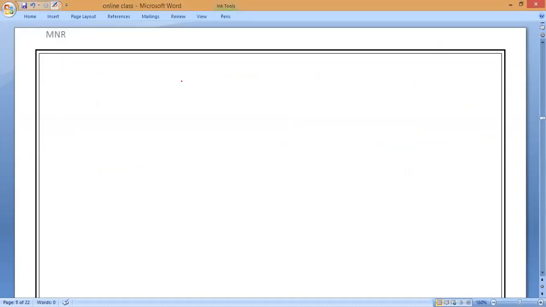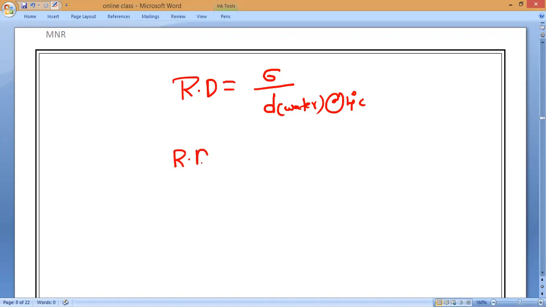Relative density means, as we know, the density of a given substance divided by the density of water at 4 degrees Celsius. Now remember, if the relative density is less than 1, the object will float or sink?